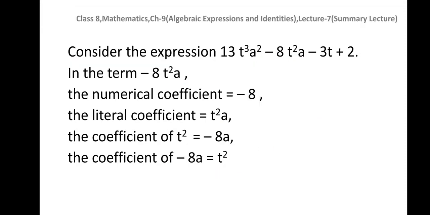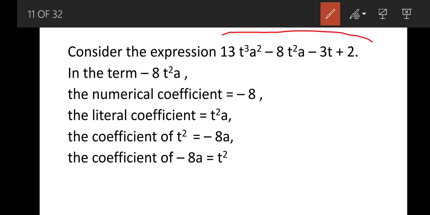In this, I have taken one expression. Now, you can take any term. I have taken this middle term, that is minus 8t square a. Using this term, I will tell you what the numerical coefficient of this term is, what the literal coefficient is, or if the coefficient of any other variable is asked, then I will make it clear to you.